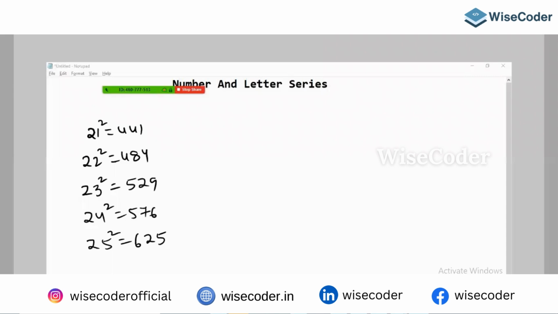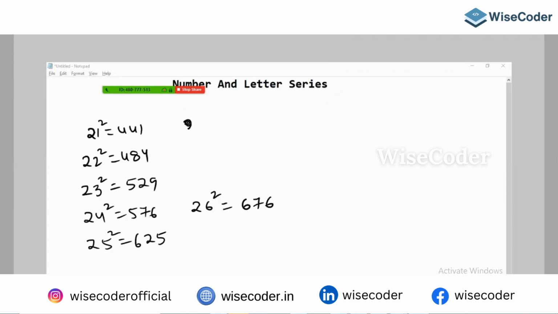Now look here, friends. What is 26 square, guys? 26 square is 676.